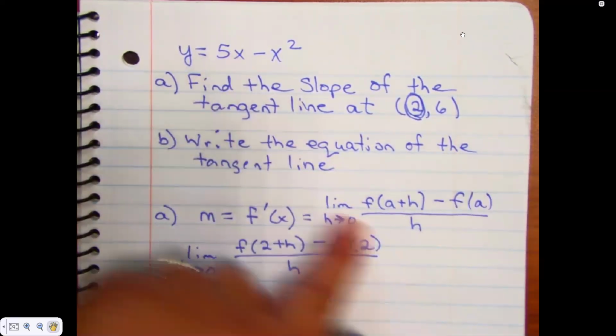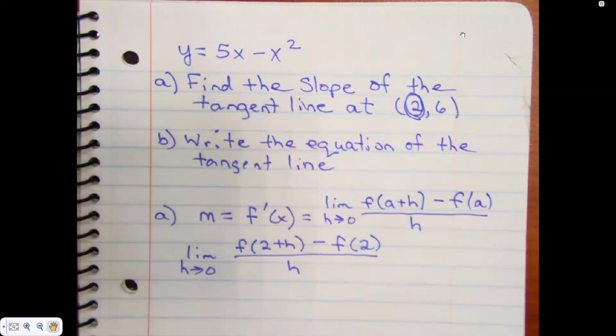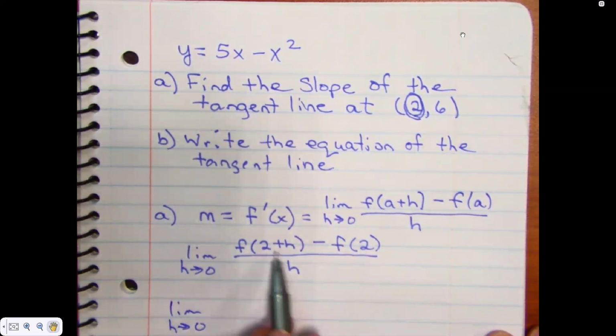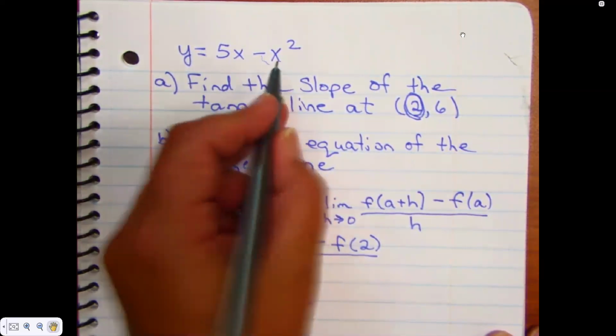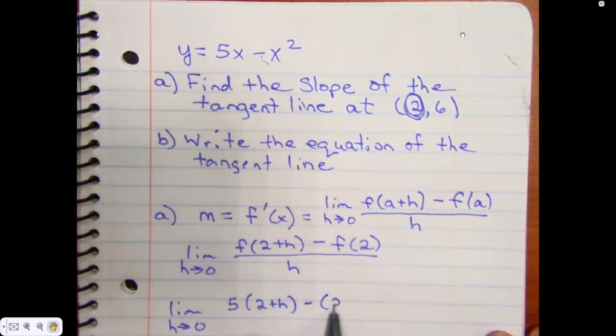That'll give us a numerical value, and then we got to think about the limit. Okay, so the limit as h approaches 0 of 5, and then instead of x, I'm writing 2 plus h, minus, instead of x, I'm writing 2 plus h squared.